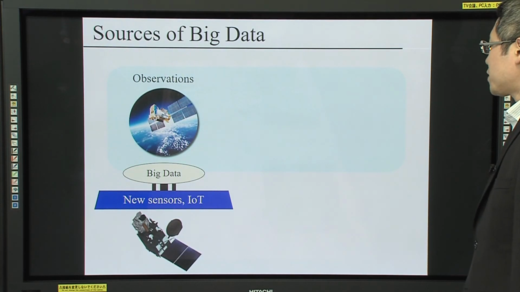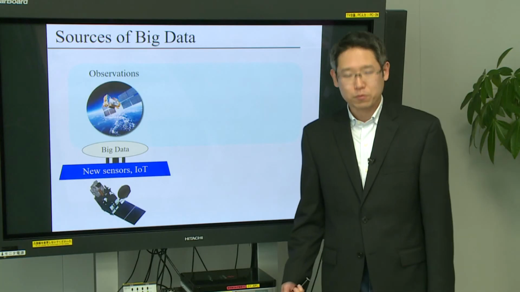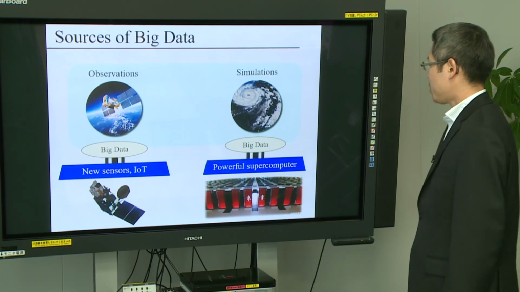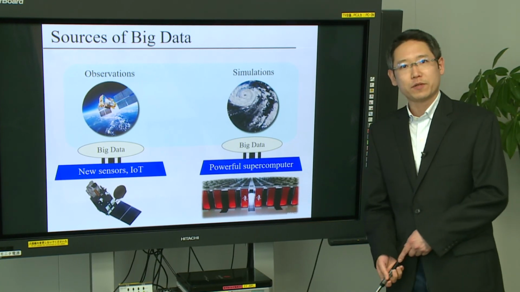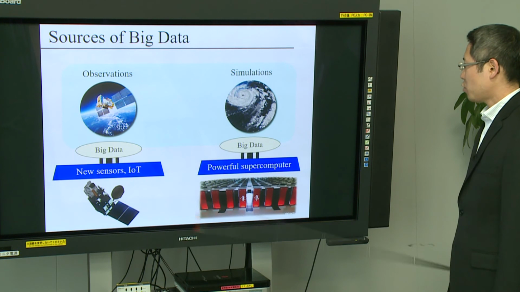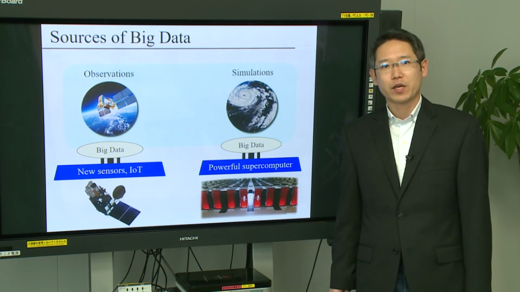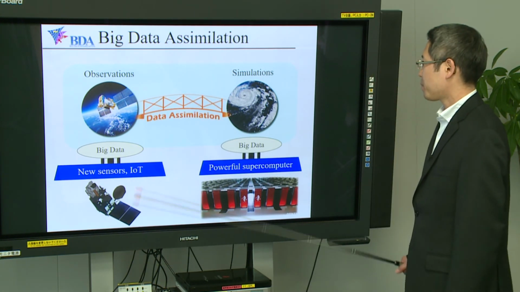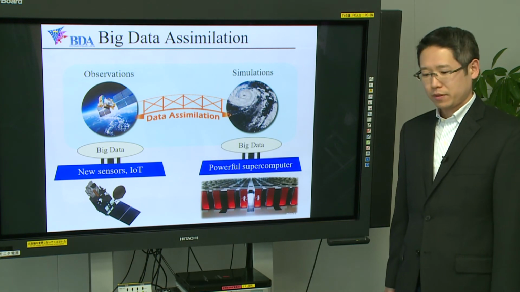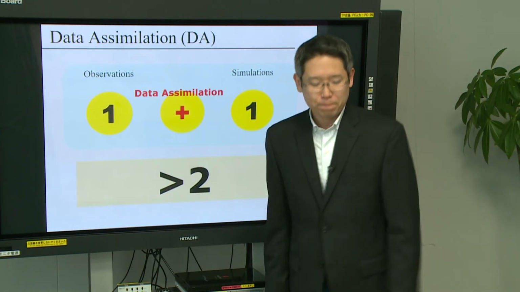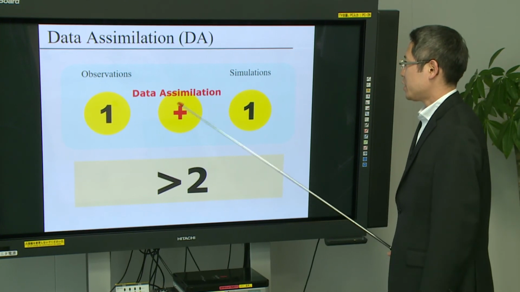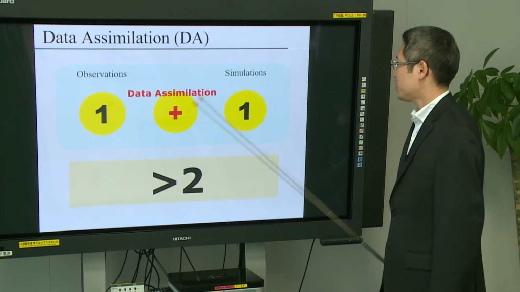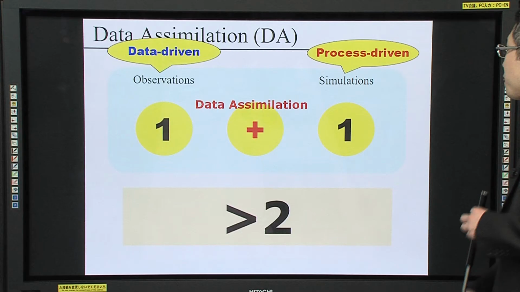So here we have the observations based on the new sensor producing big data. And also we have simulations based on powerful supercomputers, like the K computer, that also produce big data, and we can also process the big data. So the idea is to combine these two through data assimilation. By concept, data assimilation is like the plus sign or the bridge between the observations and simulations, and tries to add value.